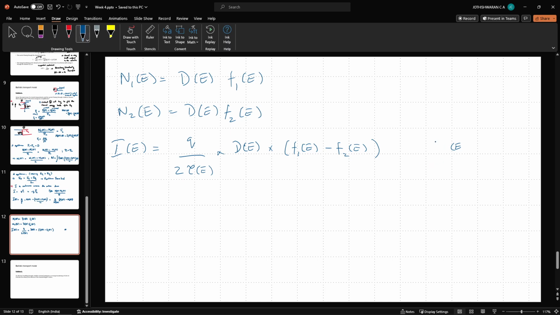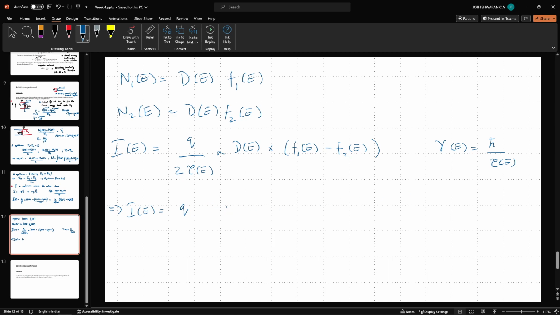So gamma of E is equal to h bar. Here it is not h, it is h bar, which is h by 2 pi, by tau of E. So we are going to use that relation over here, which implies I of E is equal to, now this Q is a constant, so I'm going to take it separately for a second.